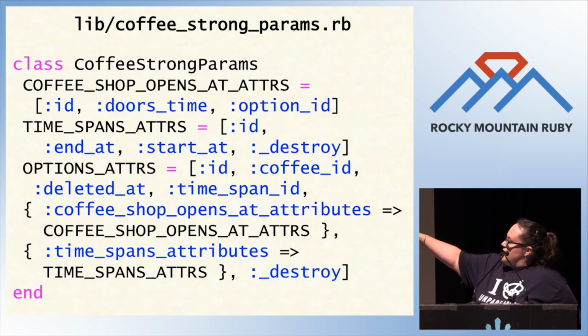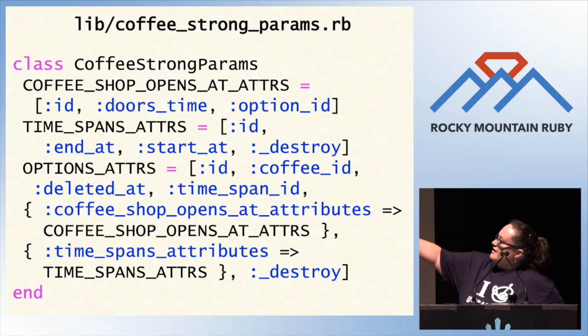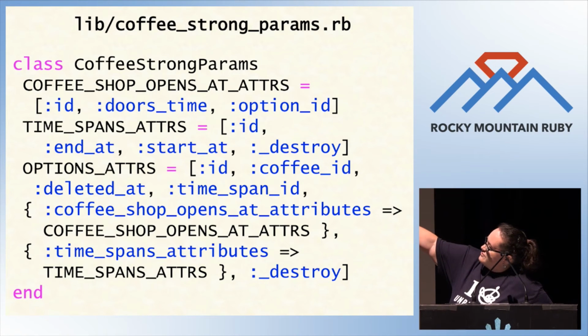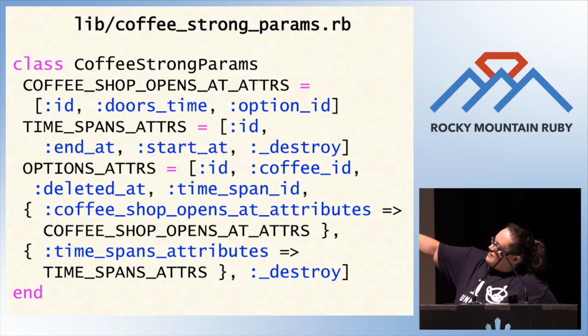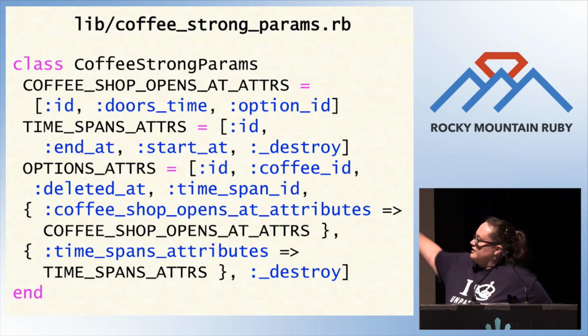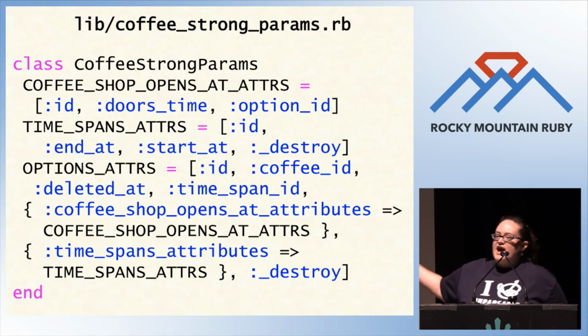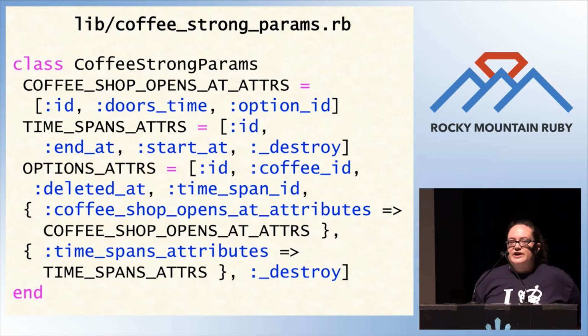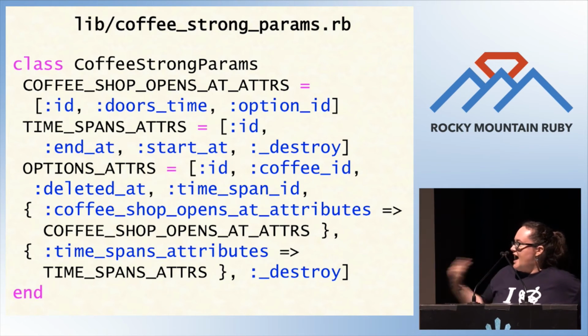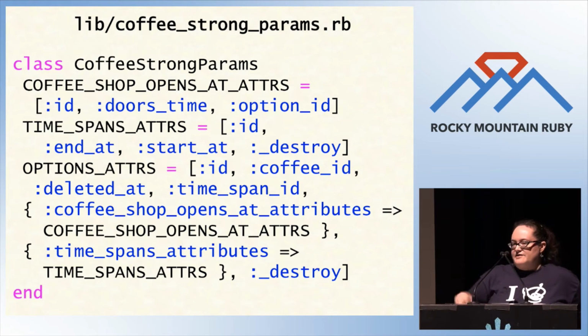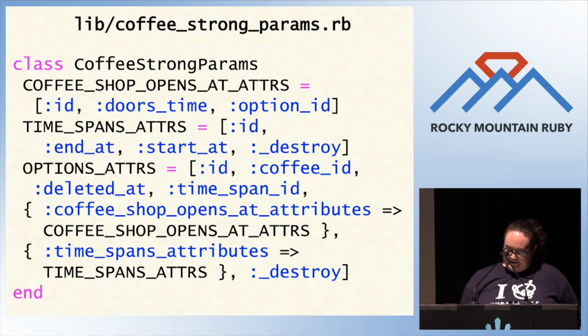And then when I had something nested, like those first two are just listed with their attributes, then when I had options attributes, which have those within them, I could literally just point to the constant, and that made for a much easier read. It makes for a much easier way to add or delete attributes, and it's also cleaner on the controller itself. So I would recommend something like this.